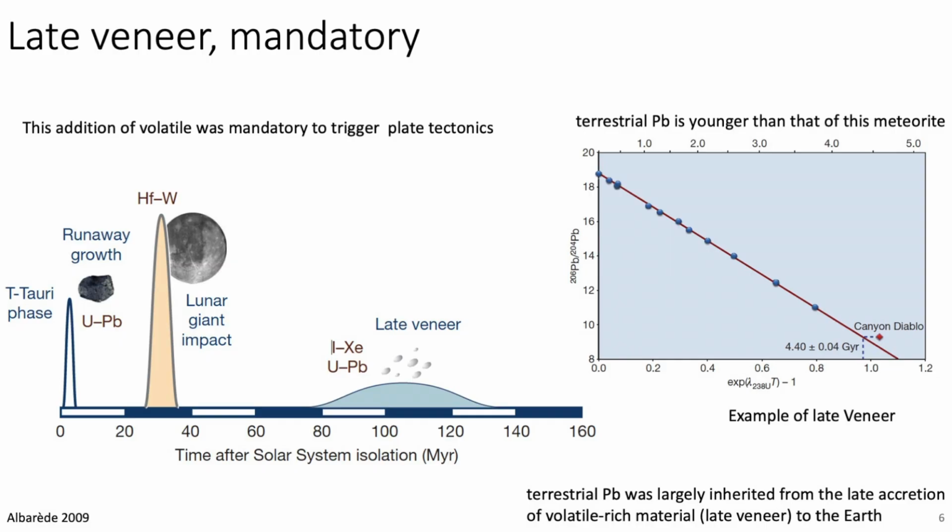You have here some ages that are reported as a function of, so that's related to the half time of the decay of the uranium 238. And to be quick, what this line shows compared, so that's the Earth line, compared to one of the oldest meteorites, the Canyon Diablo one.